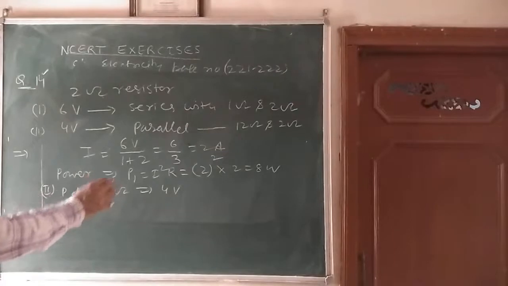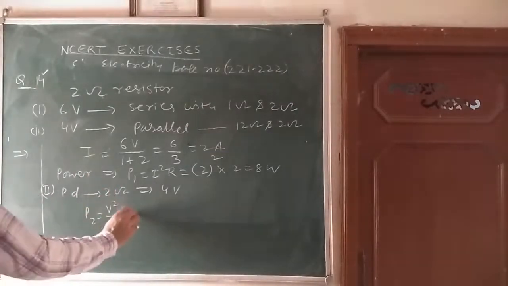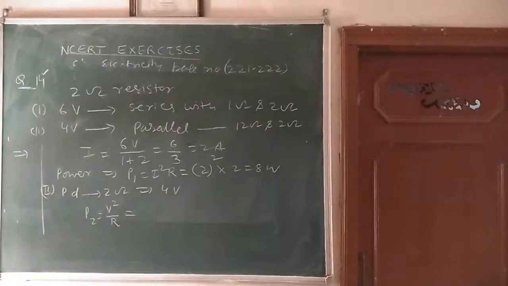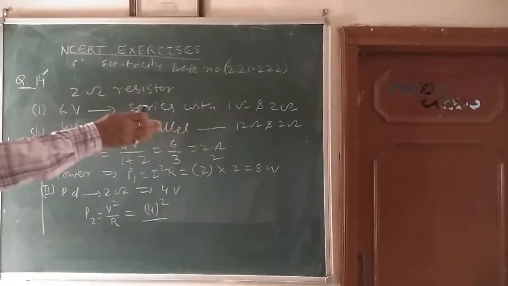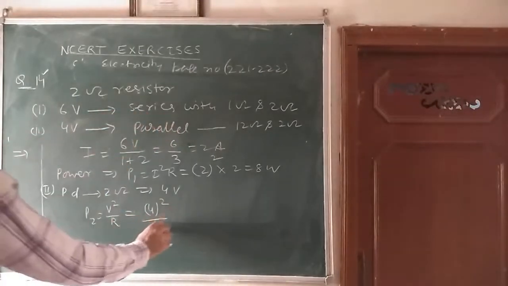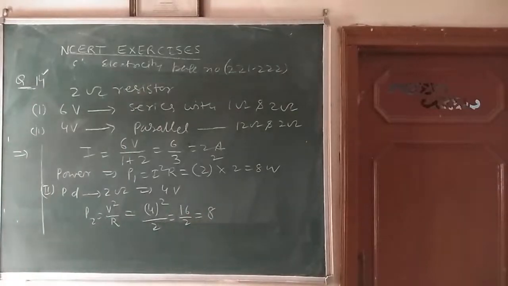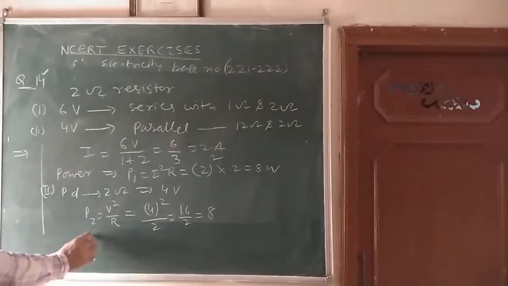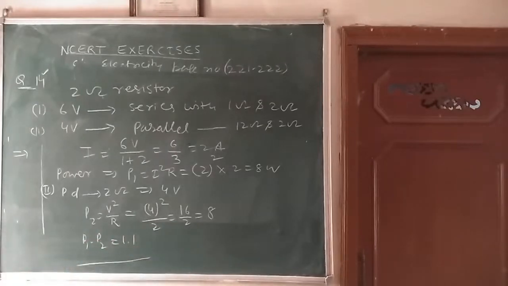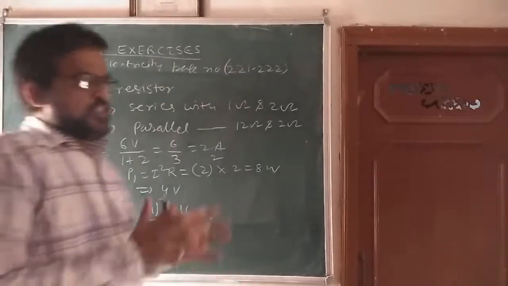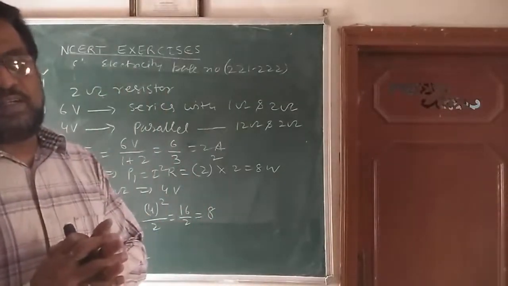So power used in the 2 ohm resistor would be P2 is equal to V square by R. Value of V is 4, square divided by resistance of the 2 ohm resistor, that is 2. 16 by 2, that is 8. Compare these two, P1 is to P2, 1 is to 1. This is the result. So this is the simplest way to find out the result.